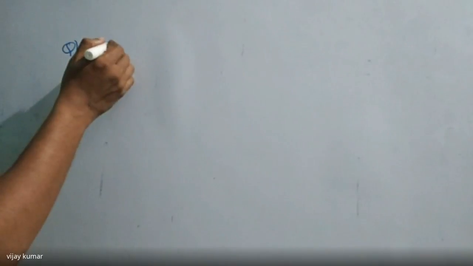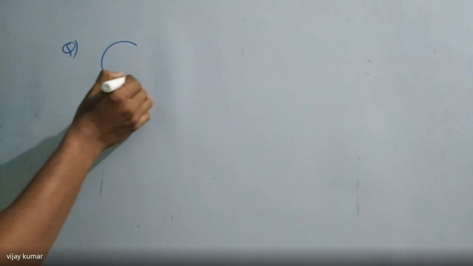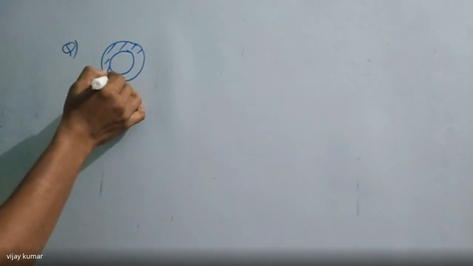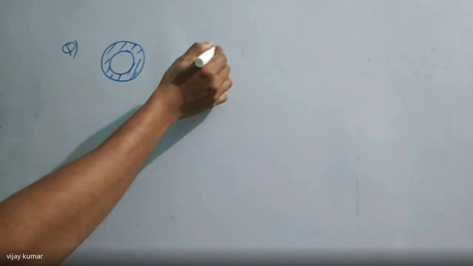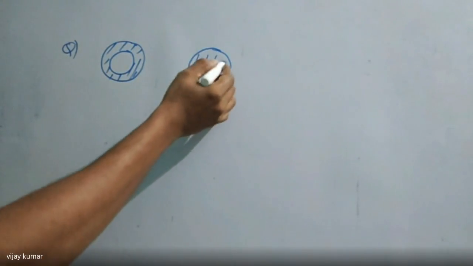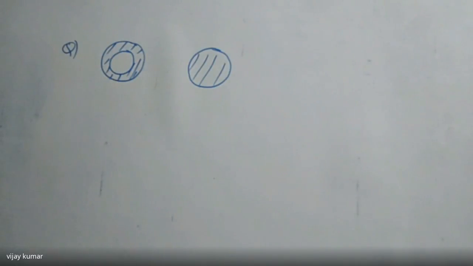So this one is the hollow column and this one is the solid column. Both columns are made of the same material.